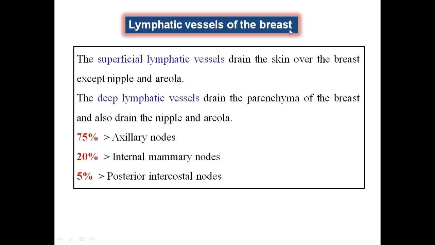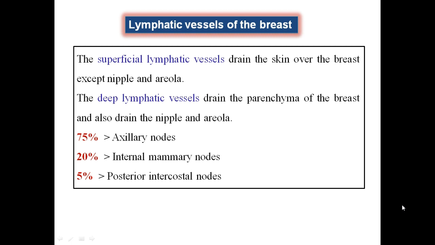The lymphatic vessels of the breast. Here we can see the superficial lymphatic vessels and the deep lymphatic vessels. The superficial vessels drain the skin over the breast except the nipple and areola.